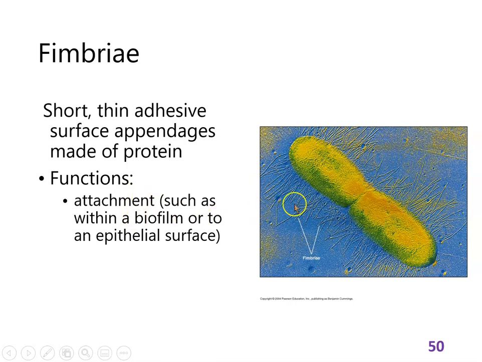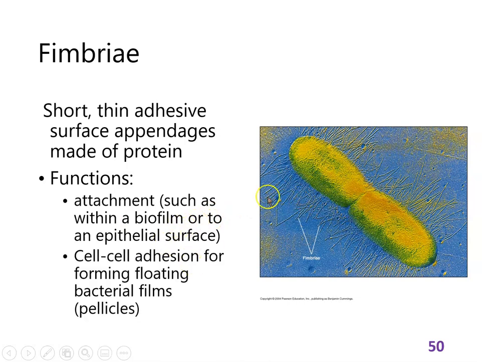And they're very numerous, and they would allow a cell to stick to a cell. So this bacterial cell could stick to one of your epithelial cells. Or the cells could stick together and they could form a mat on the surface of water called a pellicle. So that's what fimbriae do.